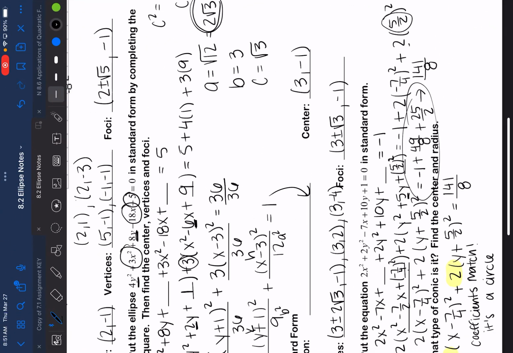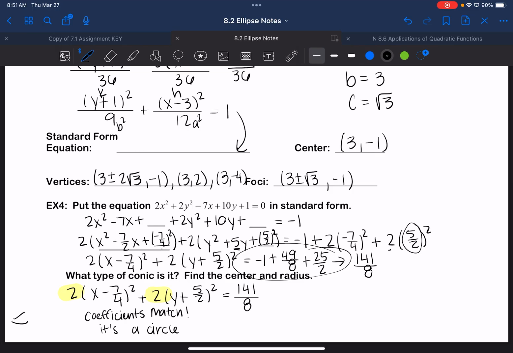But it does look a lot like your ellipse. So it would be x minus h quantity squared plus y minus k quantity squared. But here, instead of equaling 1 every single time, it equals r squared. R stands for your radius of your circle, okay?